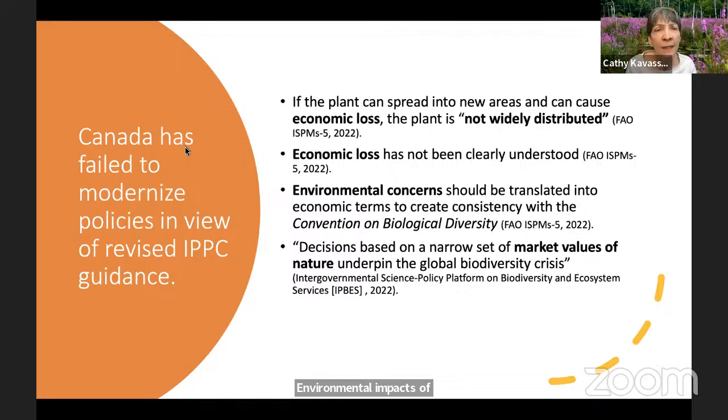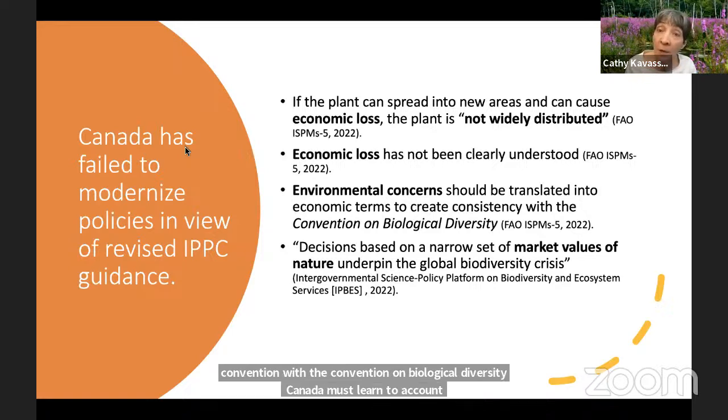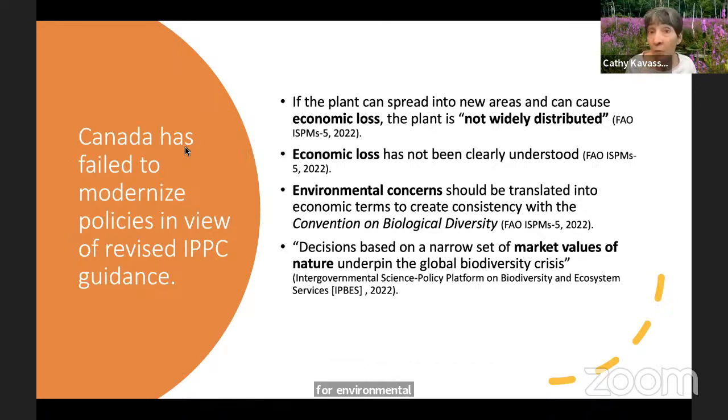We know that decisions based on a narrow set of market values of nature underpin the global biodiversity crisis. To better align the International Plant Protection Convention with the Convention on Biological Diversity, Canada must learn to account for environmental consequences in economic terms, and that is advised by the IPPC.